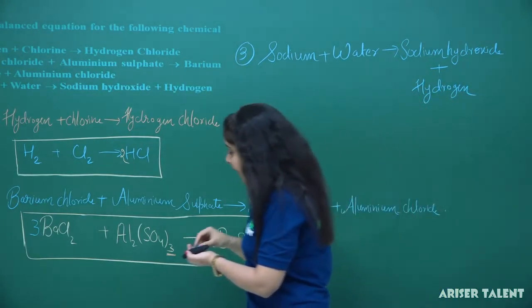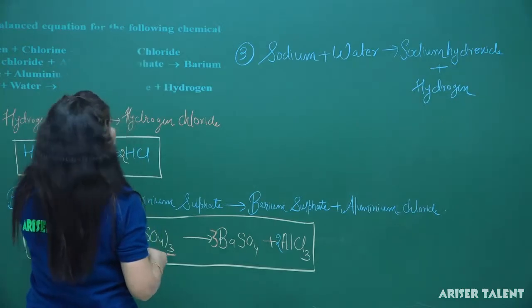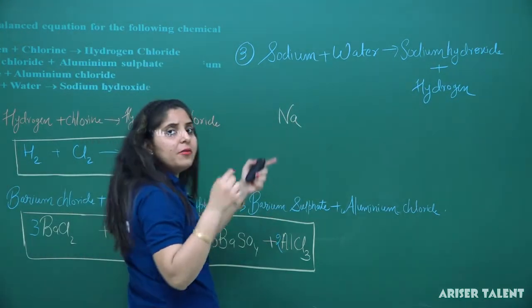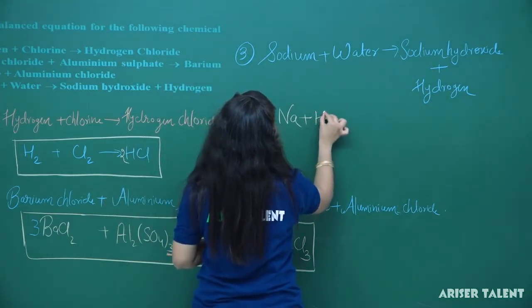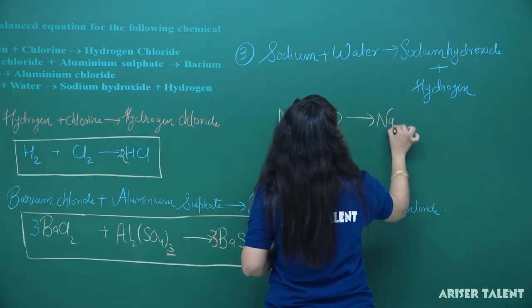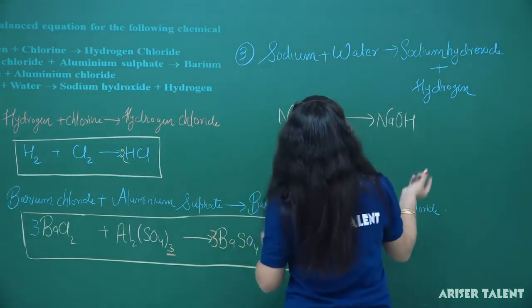Now we will write the chemical equation for this. For sodium we have the symbol Na. For water we have H2O. Now what will happen here? We will get sodium hydroxide, that is NaOH, plus hydrogen.